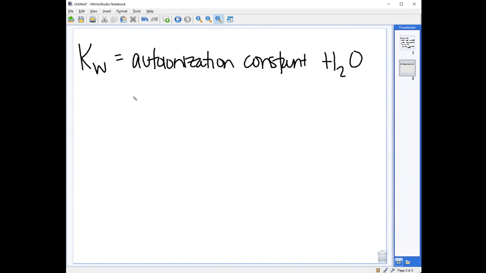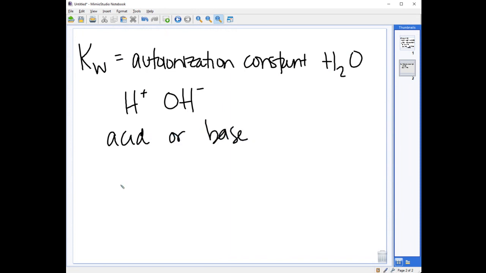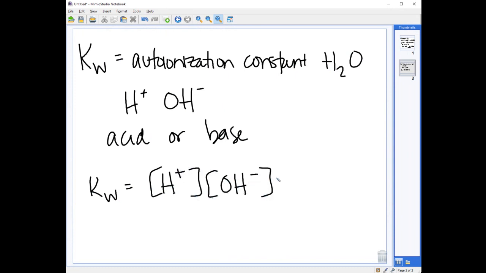Okay. Now, remember, water is HOH, right? And so water can be both an acid or a base. So the ionization constant of water is a measure of the hydroxide ions times the hydrogen ions, and it is equal to 1 times 10 to the negative 14.